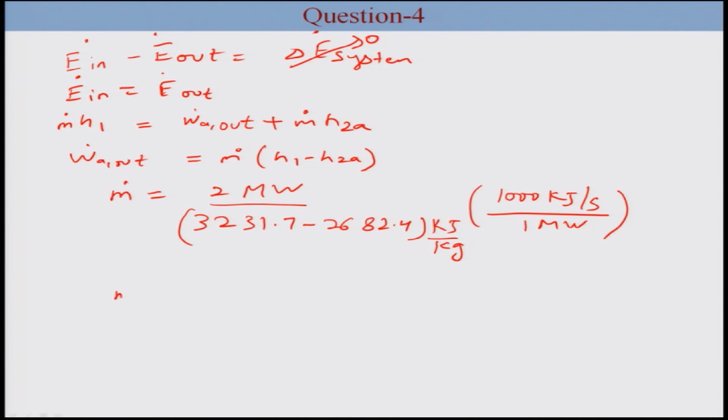So this gives a mass flow rate equal to 3.64 kg per second. So this is the flow rate of steam flowing through the turbine.